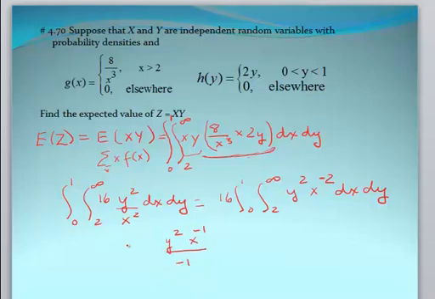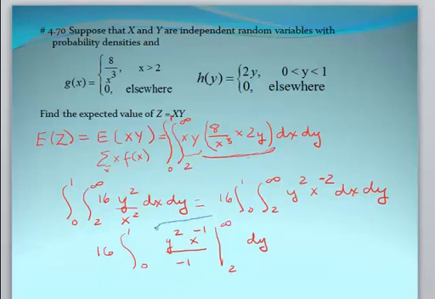So got that there, 16, and this is 0 to 1, and for this part right here we've already integrated, but now we need to work the limits. So in other words, we want to work out this number right here.